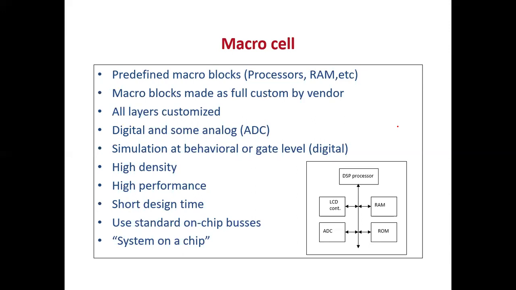Simulation at behavioral or gate level in terms of digital. Density is high, performance is also high. Design time is short compared to the others, and standard on-chip buses are used. Usually we call the macro cell a system on a chip.